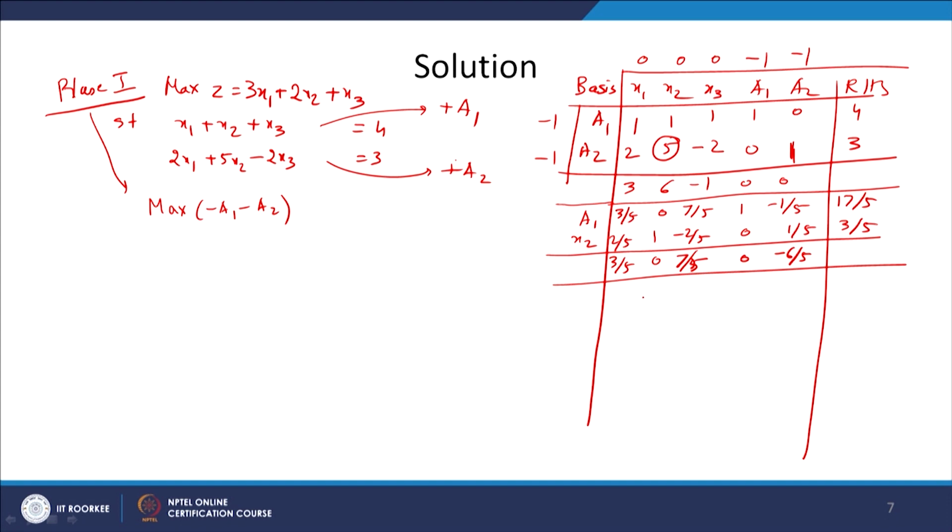Here again we find that the pivot is 7 by 5 and therefore, we apply the elementary row operations as before and we get x3 and x2 as the basis.